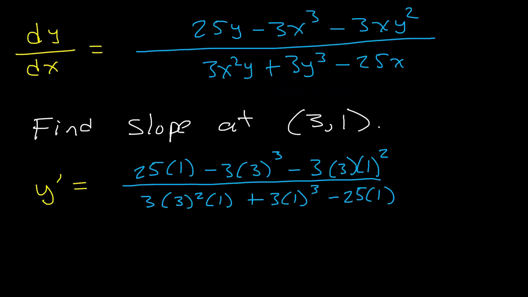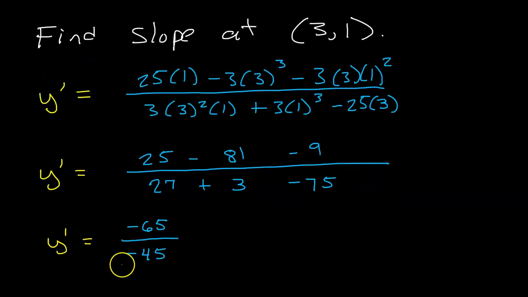Here I've substituted 1 for all of the y's and 3 for all of the x's. And it's just a matter of simplifying this down. I accidentally put a 1 right here. It should have been a 3. Anyway, so that simplifies down to this, which simplifies down to this, which equals 13 over 9. So this is the slope of the curve at this point.